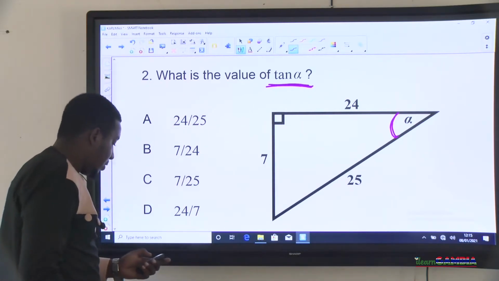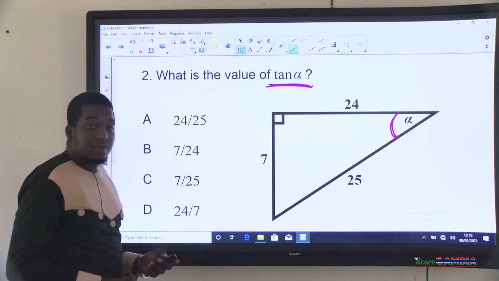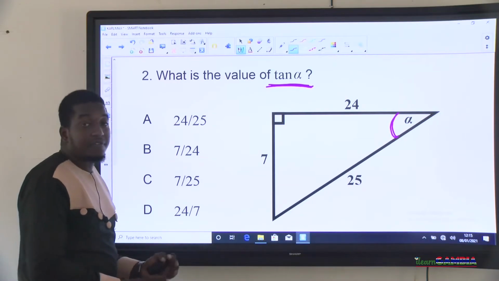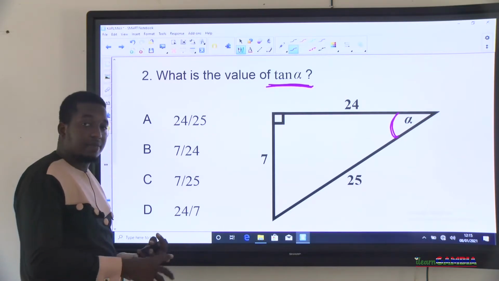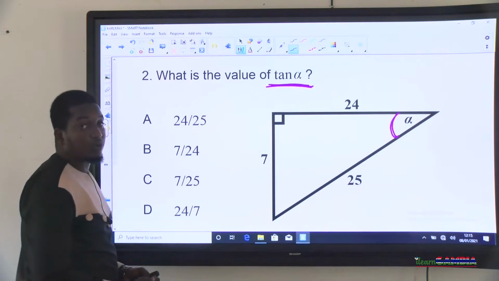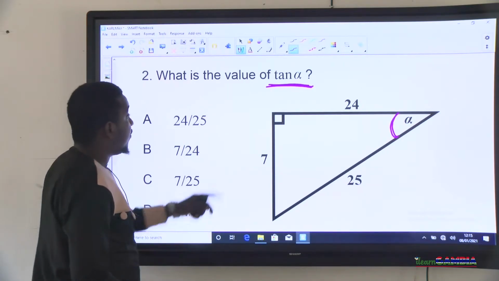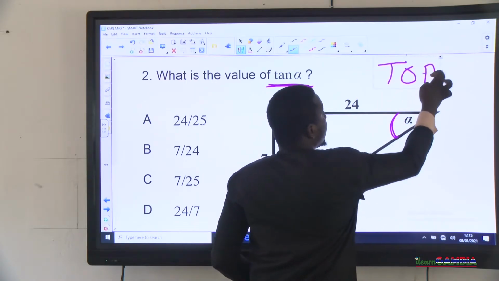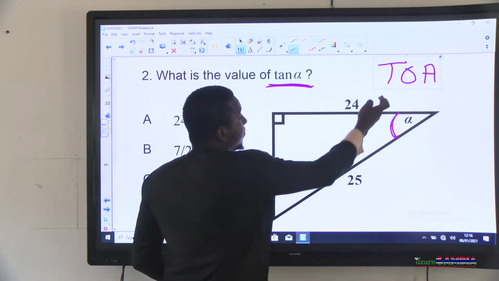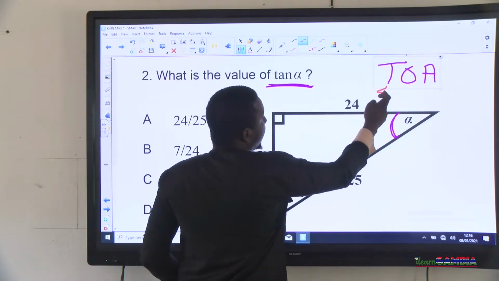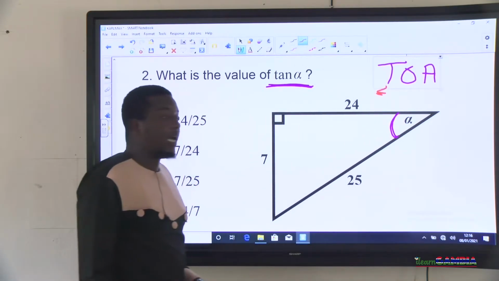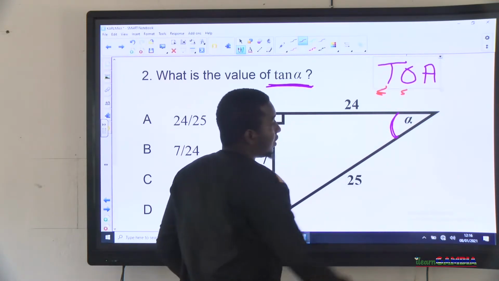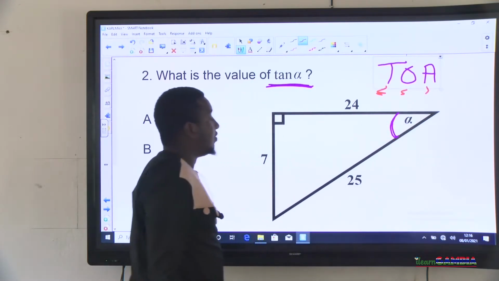So again, at the beginning of the lesson, we talked about an acronym that gives us the formula of sine, cosine, and tan. Remember, it is SOHCAHTOA. Now, for tan, it will be TOA. The T stands for the tan of the angle A, O stands for the opposite, and A stands for the adjacent.